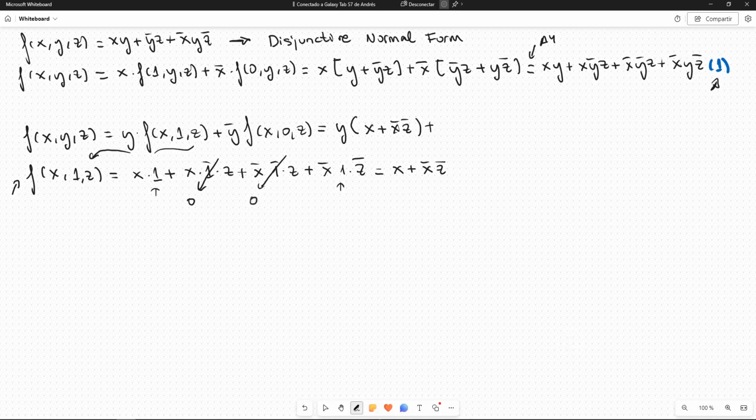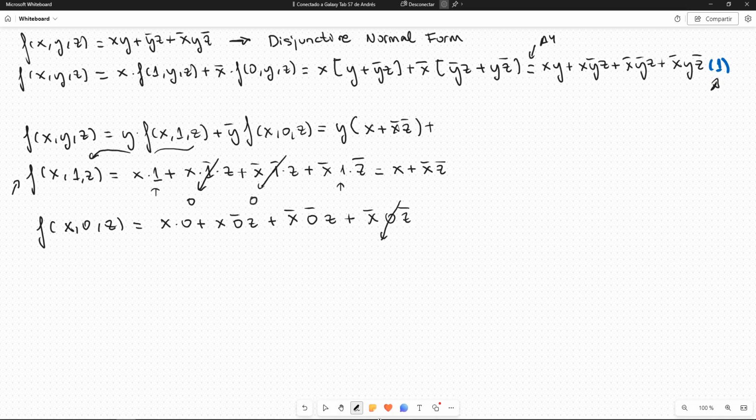And now we are going to calculate the other function. So we have x0 plus x0 negated z plus x0 negated z plus x negated 0 z negated.